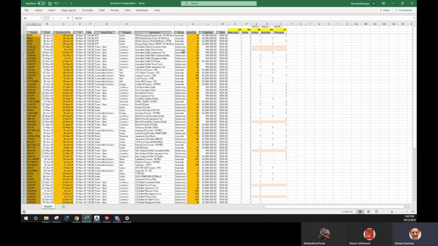Now, unfortunately, we don't have long-range data for a lot of these instruments. We actually did have long-range data, but a lot of that data is corrupted.